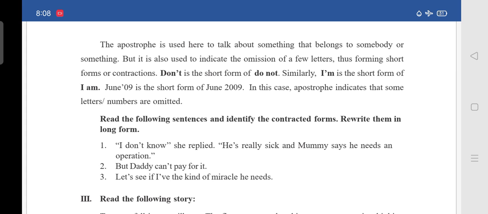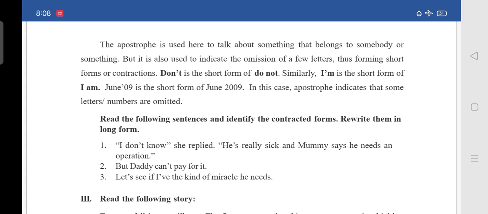So here what they are saying is, the apostrophe is used to talk about something that belongs to somebody or something, but it is also used to indicate the omission of a few letters, thus forming short forms or contractions.